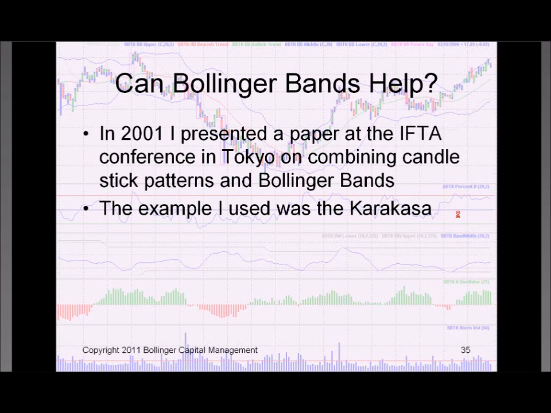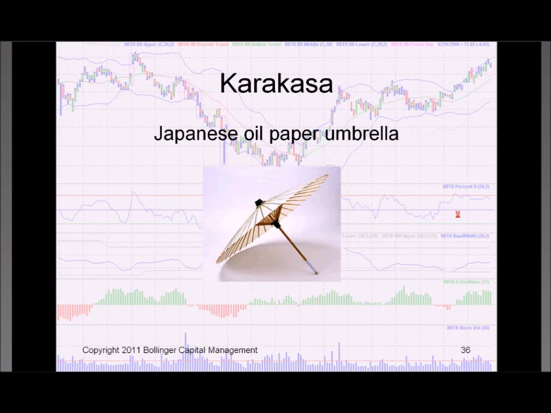I'm not really sure why I picked that pattern. I think it may have been suggested to me by a friend, but in fact I just focused on that one pattern. For those of you that don't know, a Karakasa is a Japanese oil paper umbrella. These things are made out of paper and bamboo and with an oil like linseed oil. I believe it's actually tung oil that they use, rubbed into the paper.